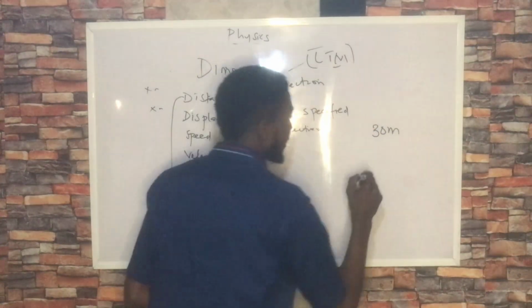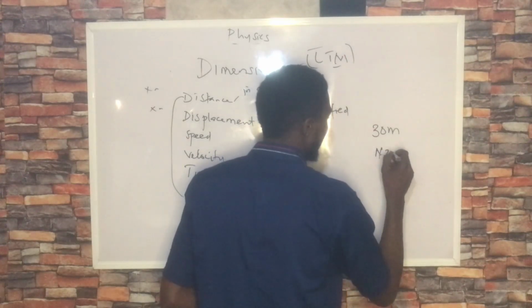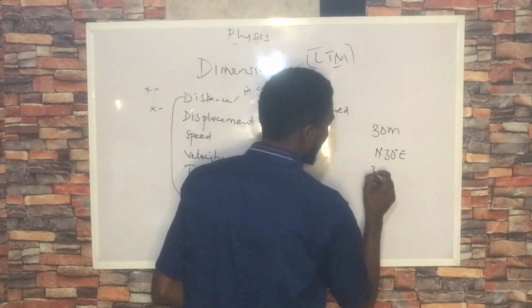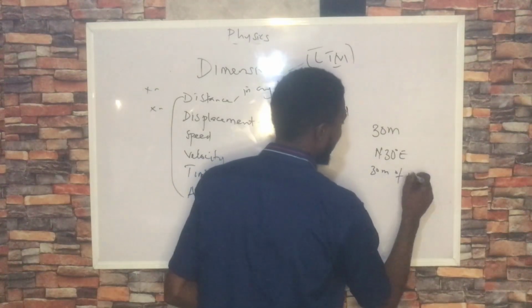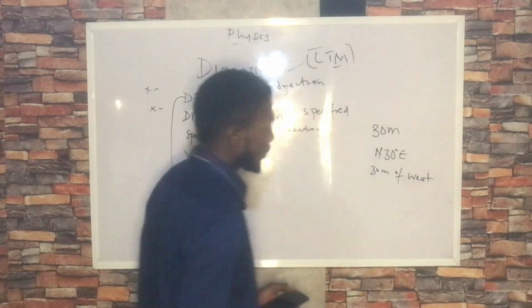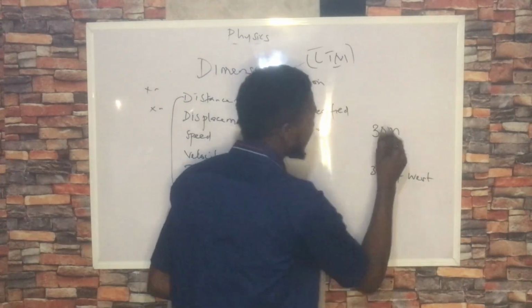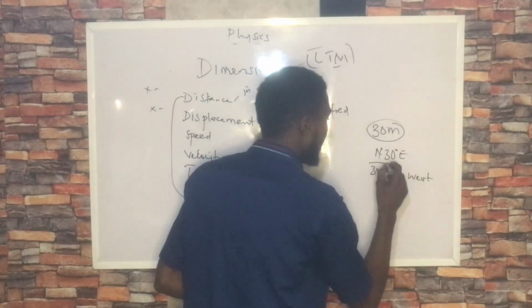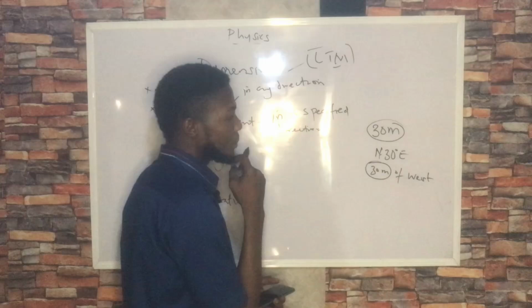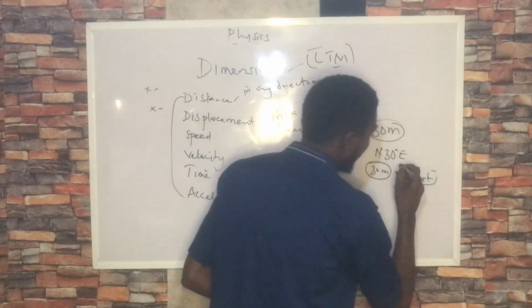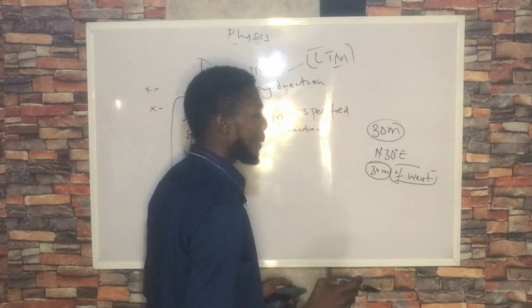And when I say 30 meters west, you can see that I'm still repeating this 30 meters in this case, but the only difference is that I've mentioned west here, meaning I'm being specific.